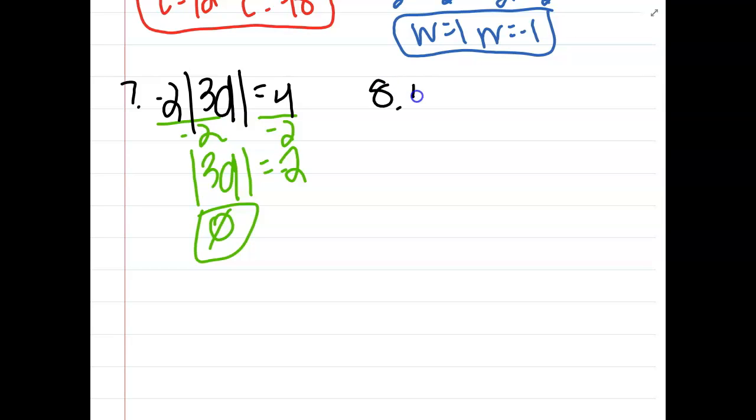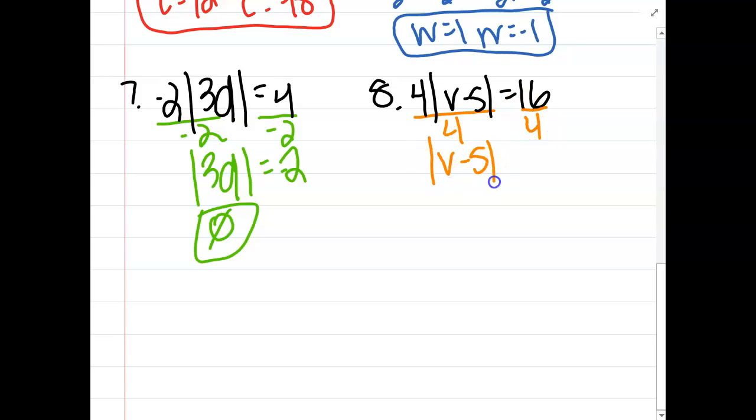Okay, number 8 says 4 times the absolute value of v minus 5 equals 16. Okay, first thing, is the absolute value isolated? No. How would I get rid of the 4? Divide by 4. So we have the absolute value of v minus 5 equals 4.